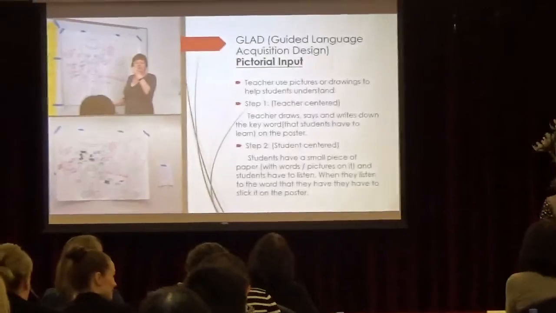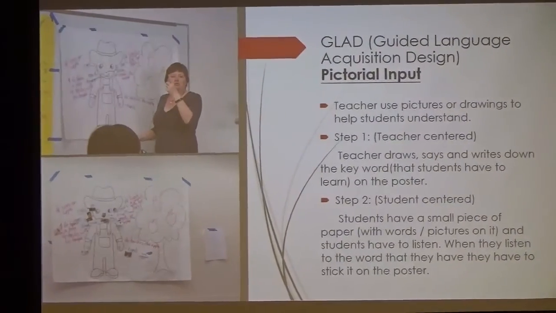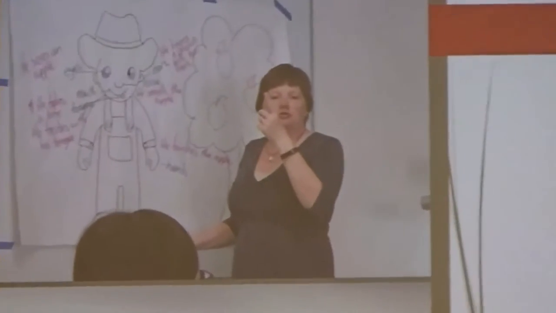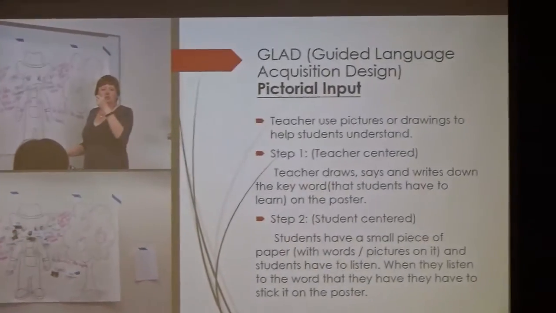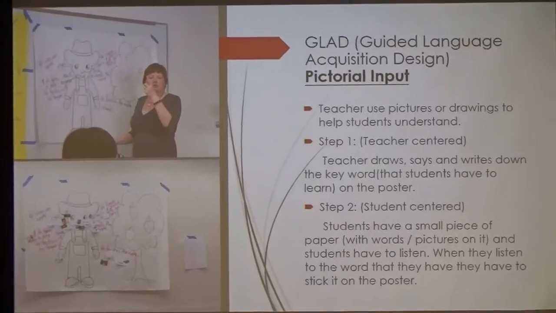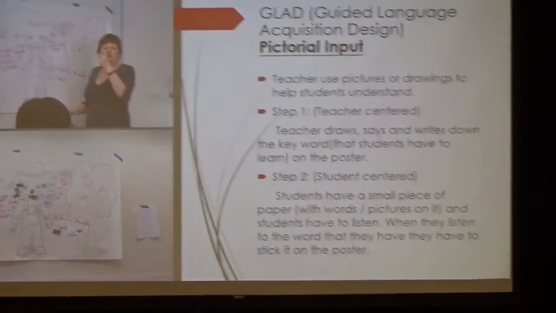And now I would like to share one of the class strategies, pictorial input. In this strategy, the teacher uses pictures or drawings to help students understand. And there are two stages. The first one is teacher-centered, and the teacher draws, says, and writes down the keywords on the poster.